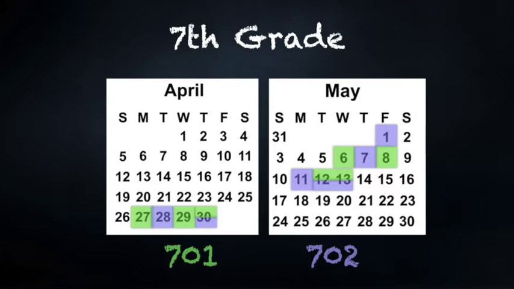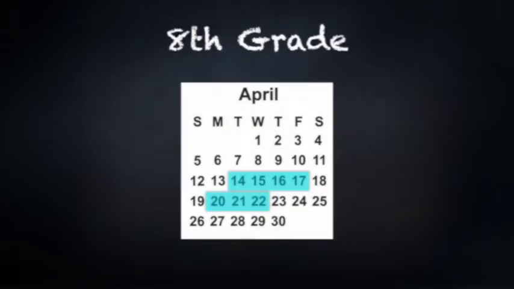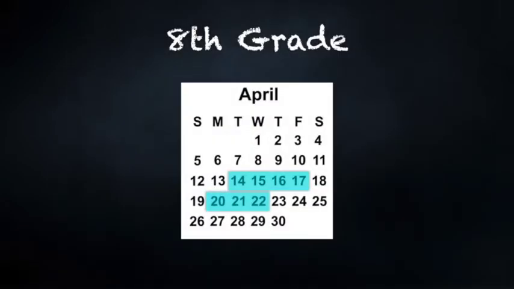If you're on Team 702, you'll be taking the M-STEP test on April 28th, 30th, May 1st, 7th, and 11th through the 13th. If you're an 8th grader, the M-STEP testing dates are April 14th through 17th and the 20th through the 22nd.